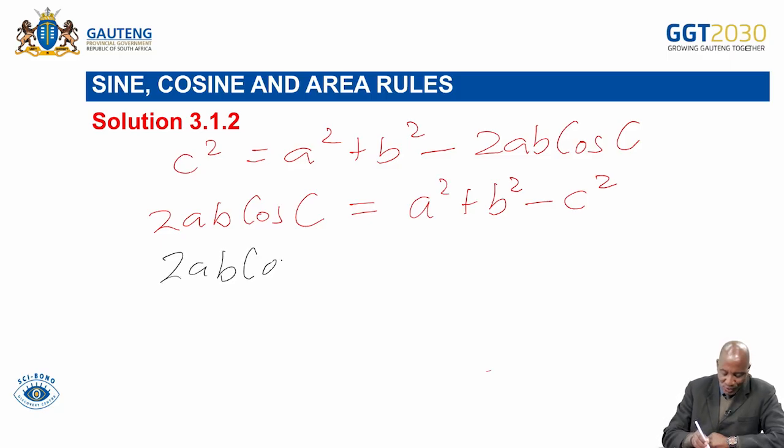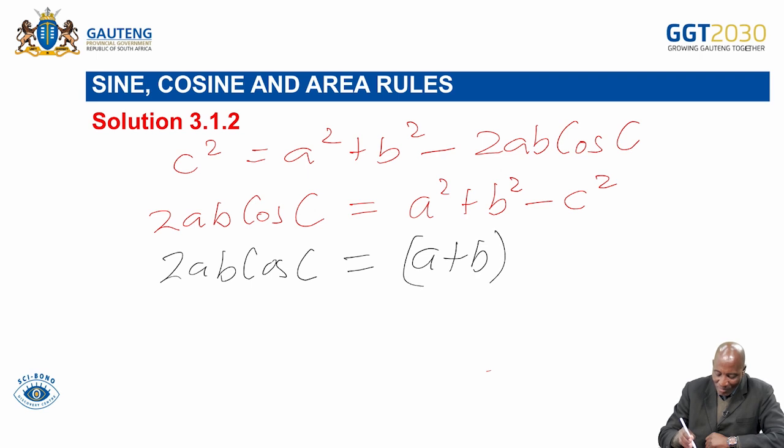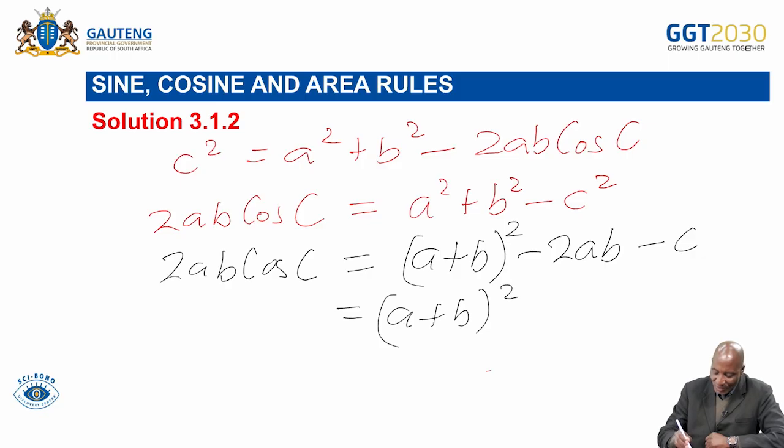2ab cos of c equals to a plus b combined squared minus 2ab then minus c squared, which is the same as a plus b squared. I have to remove c squared, then minus 2ab.